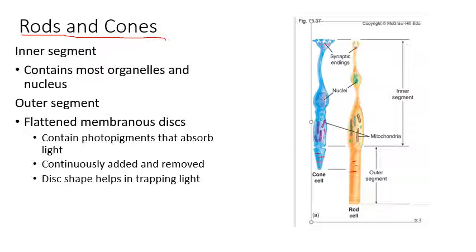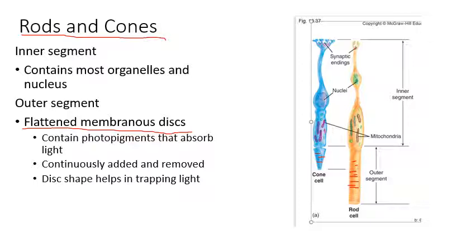Okay, the inner segment, it's like the normal cell. It's going to contain your organelles, your nucleus, and so forth. And we're going to have the synaptic ends on this end. But the outer segment has these flattened discs, right?